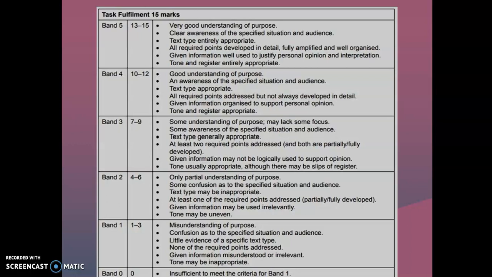Bands 3, 4 and 5 are mentioned to be the best bands that students should achieve in order to get greater marks, because when it comes to task fulfillment, students will only answer the questions based on the bullet points given in their question.